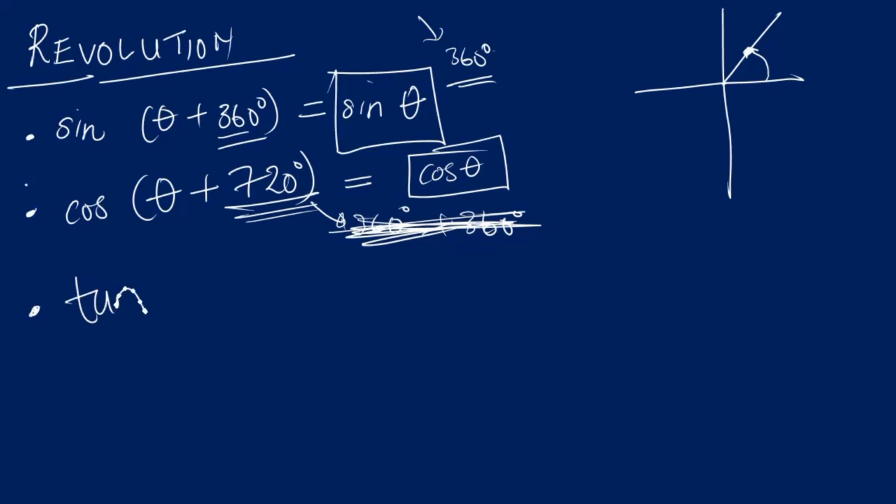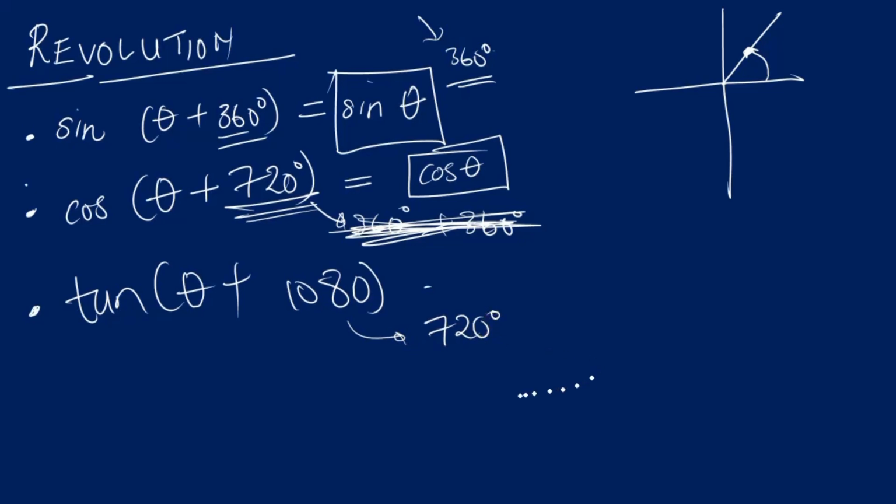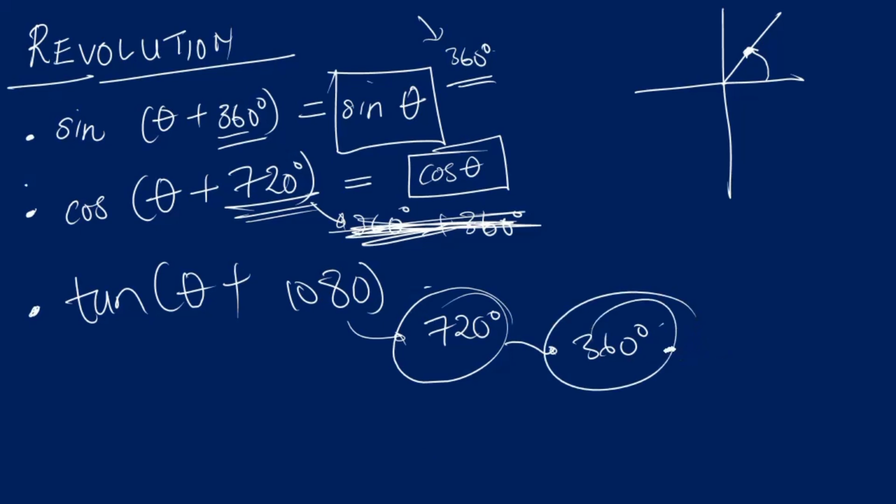Last one to make you understand. Let's say you have the tangent of theta plus 1080. Now, what forms 1080? It's when you have 720 degrees and then you add 360 degrees there, right? This is already 2 revolutions. Now we're adding the 3rd revolution. So it's like me saying 1, 2, 3, and we move theta right there.